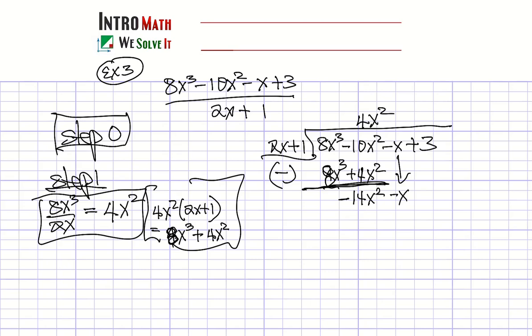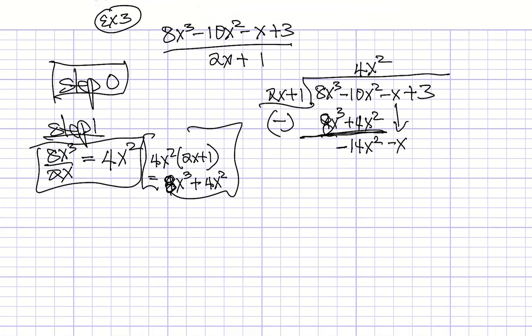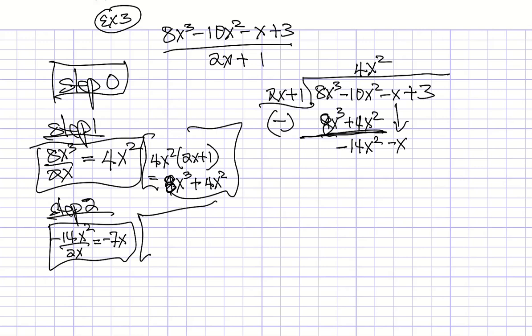We'll repeat the process. That's step 2, sorry. We'll repeat the process again. That's negative 14x squared divided by 2x. You get negative 7x, right? And then you use that negative 7x.